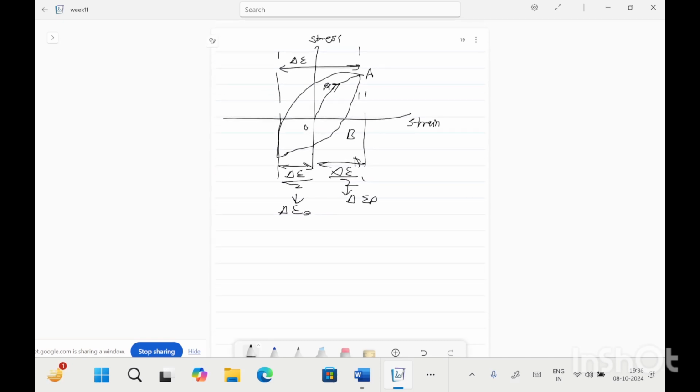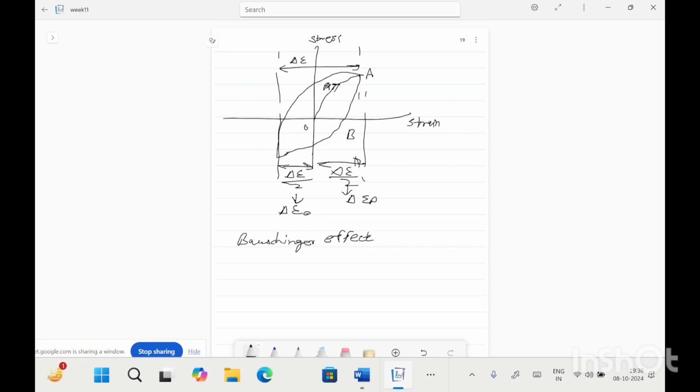This behavior of material in a strain control test is represented by the Bauschinger effect.